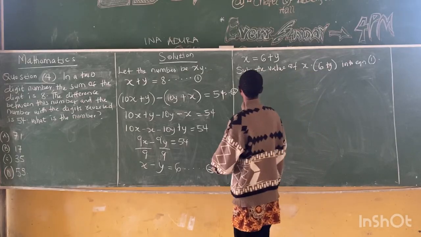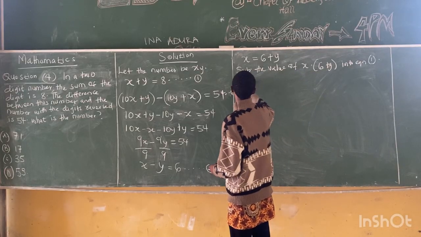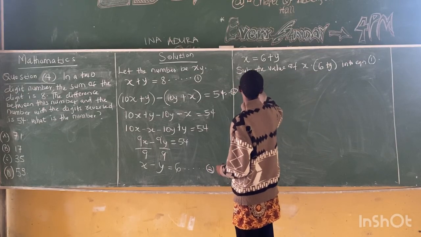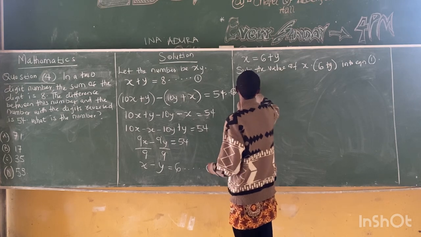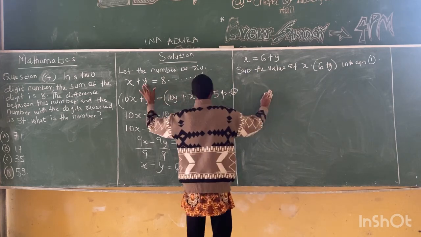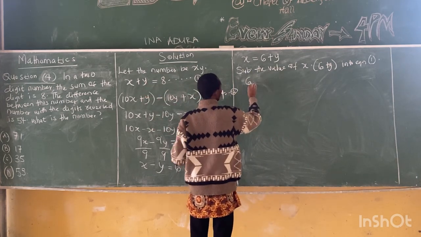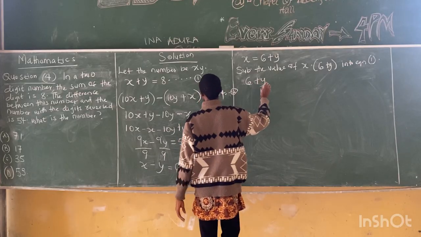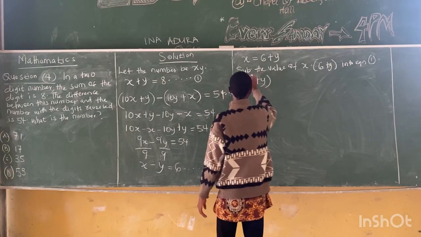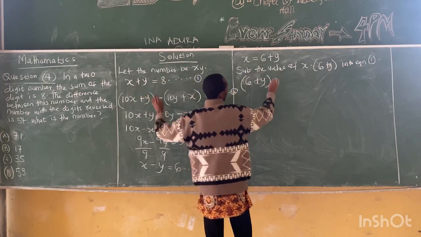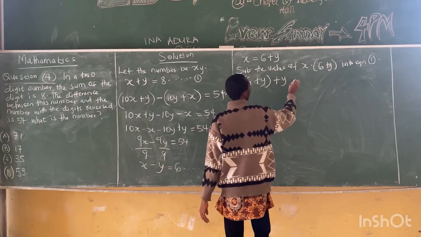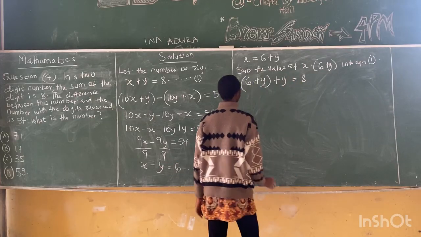If we do that, we're going to have x plus y. Instead of writing x here, what do we write? 6 plus y. This is for this x here, plus y equal to 8.